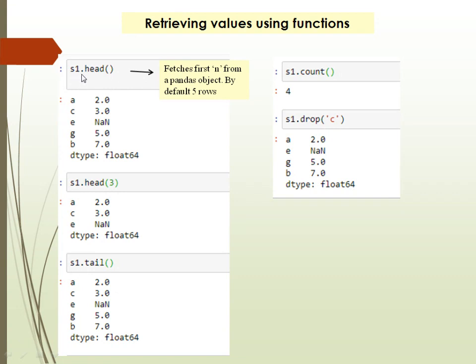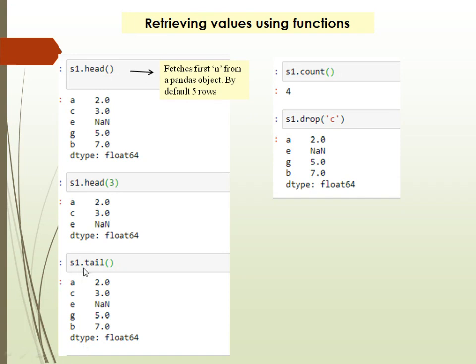So if I write s1.head, it is going to display the first 5 values. But if I write an argument in this, I have written 3 here, it will display only the first 3 values. Head means starting from the first. So whatever argument you pass in head, it is going to display that number of values, starting from the first one. Clear?